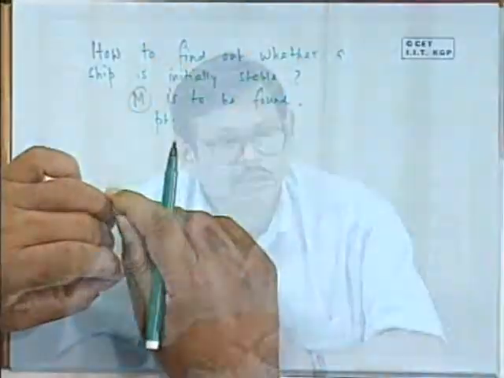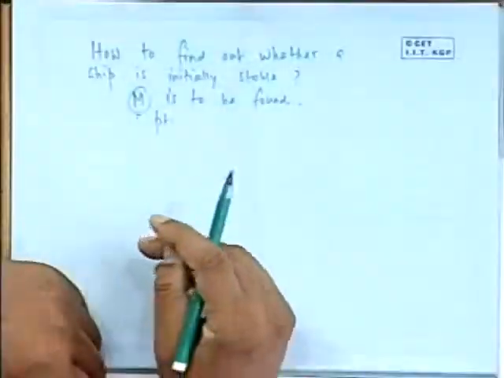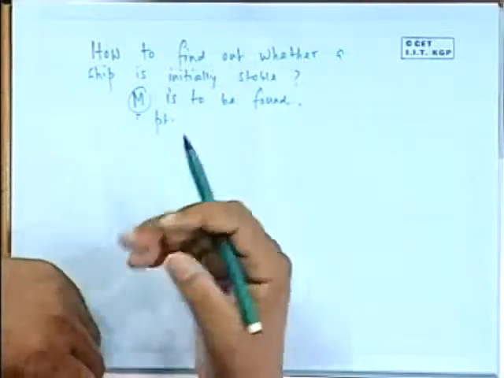Basically it means I need to know its coordinate, where M is located with respect to some coordinate system, which means I must measure where M is with respect to some reference point, say keel point. So I must find out this location. Then I can figure out where it is located with respect to the center of gravity G, and then I can tell that if M is above G, then the ship is stable.